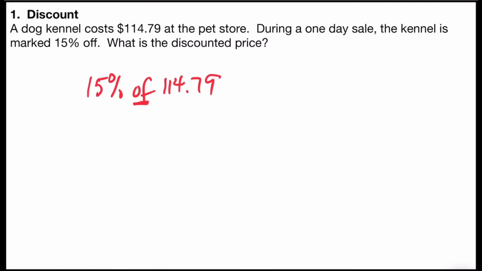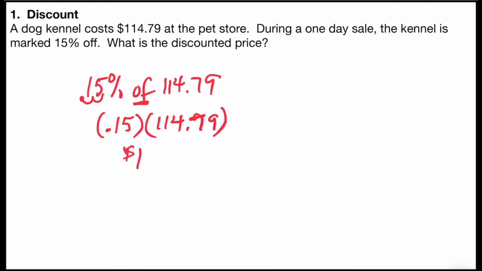So I'm going to write 15% as a decimal, 0.15. We just move the decimal point 2 places to the left, times 114.79. If you punch that in a calculator, you find out that the discount will be $17.22.